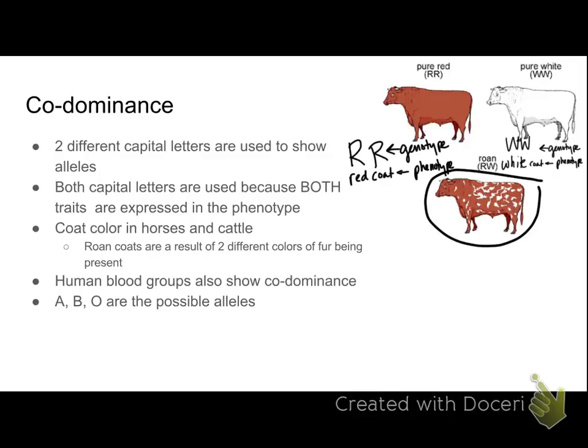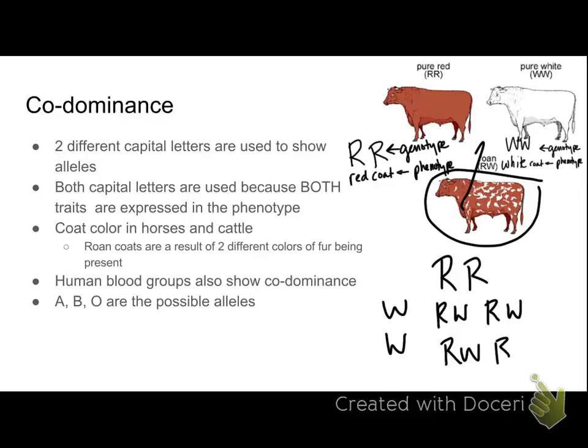Has anybody ever seen an Australian shepherd where they have patches of different colors? Or calico cats? I suspect that those are also cases of codominance. I don't know that for sure. But in this case, when we cross a pure red parent with a pure white parent, what we get are a bunch of sort of speckled offspring.